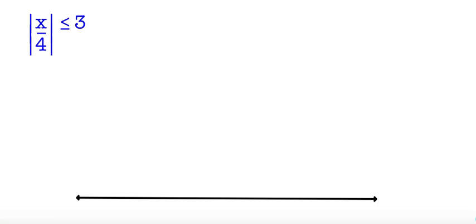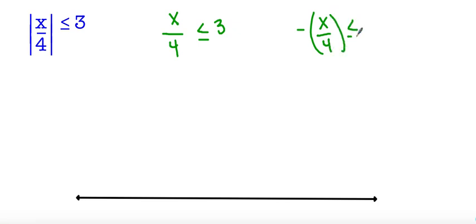All right, so here I have the absolute value of x divided by 4 is less than or equal to 3. And we're going to do the same thing. We're going to do x divided by 4 is less than or equal to 3, and then we're going to have our negative version, which is negative x divided by 4 is less than or equal to 3.